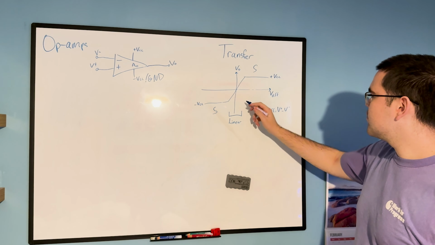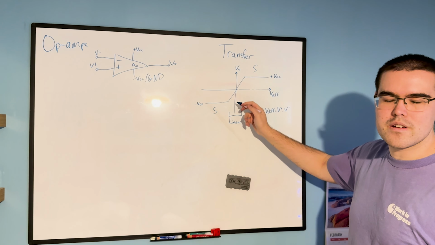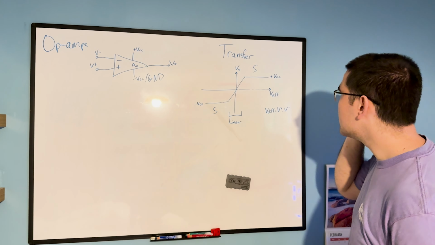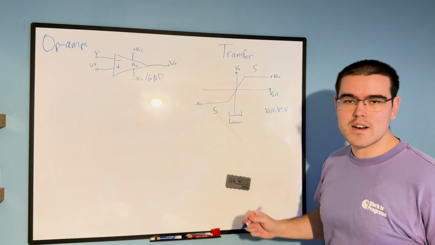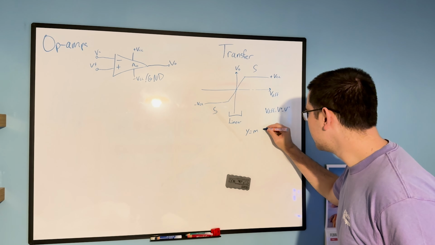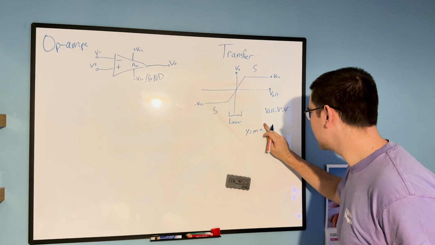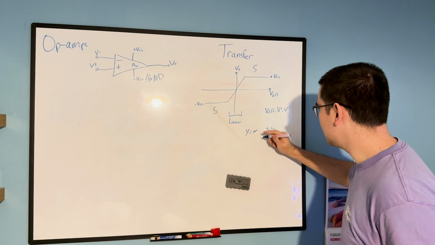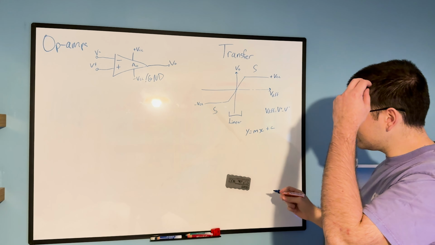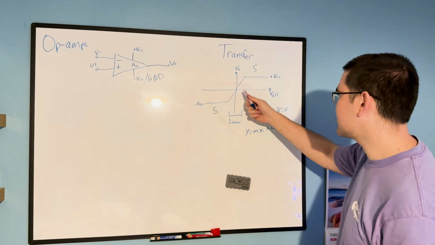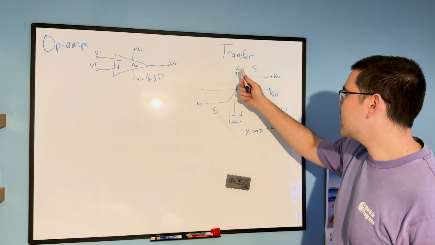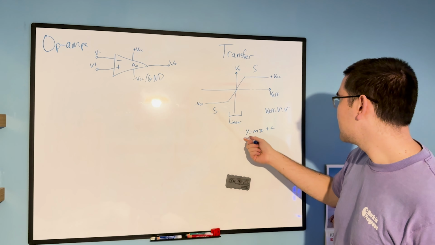Okay? But let's look at the linear region. I think this is the most important one to understand. So calling back to the straight line equation, y equals mx plus c. Let's take a closer look at this. The y-intercept is 0, so we can forget that. The output voltage is y.